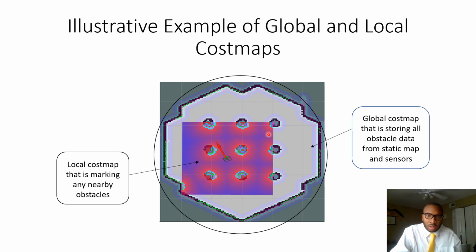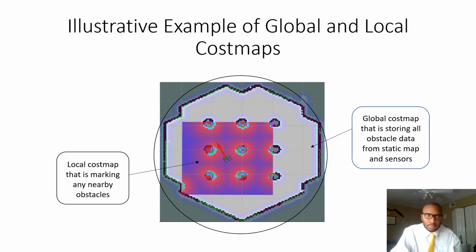And then the global cost map is also storing all of this obstacle data from the local cost map, while also having knowledge of the other obstacles within the map. So, for example, we see these inflated regions around these walls, amongst other parts that aren't covered by the local cost map currently.